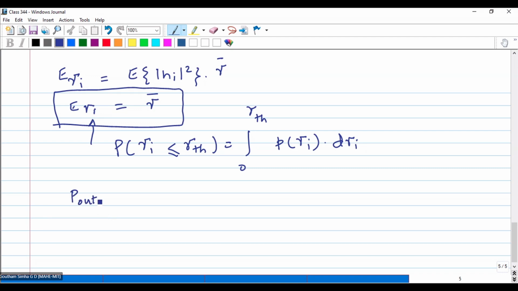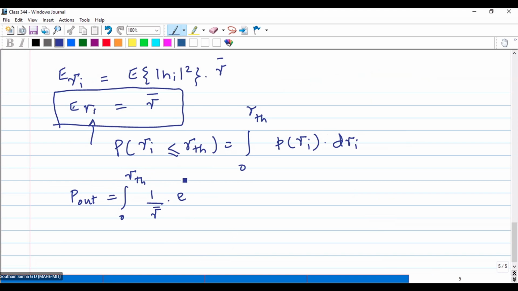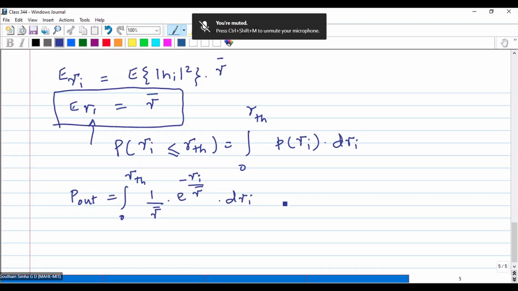If you want to calculate P_out, that is equal to the integral from 0 to gamma threshold of, based on the PDF, I can write this as 1 by gamma bar, which I had already written, into e to the power of minus gamma_i by gamma bar, d gamma_i.